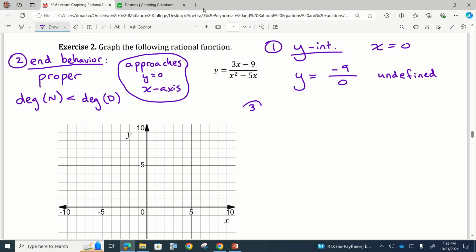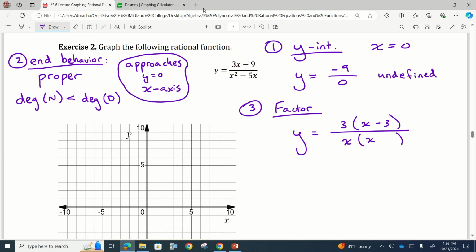Okay, step number 3 tells me that I want to factor this thing. The numerator factors as 3 times (x minus 3), and the denominator factors as x times (x minus 5).